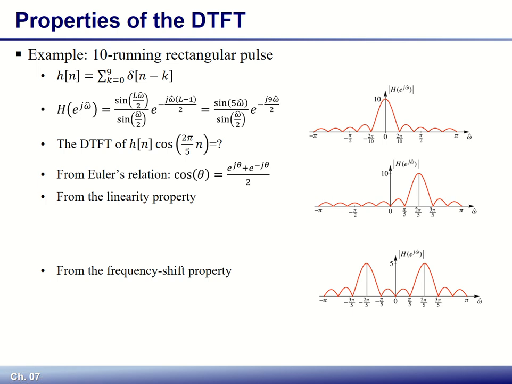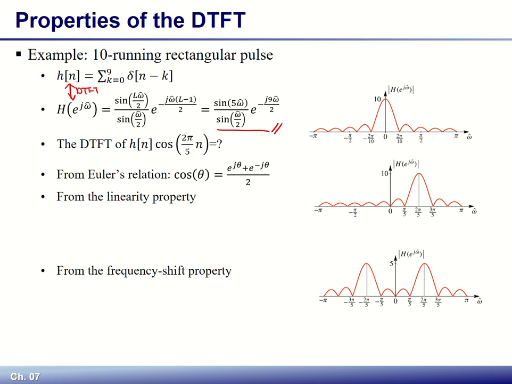Here there is a rectangular pulse h[n] with amplitude 10, and its DTFT H(e^{j omega hat}) is like this.